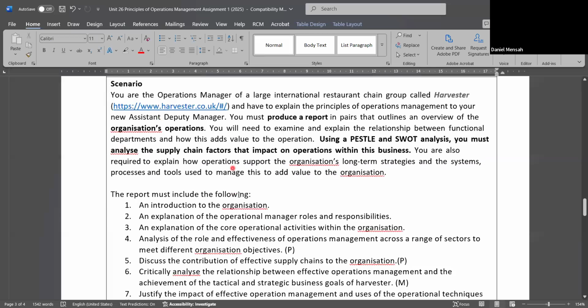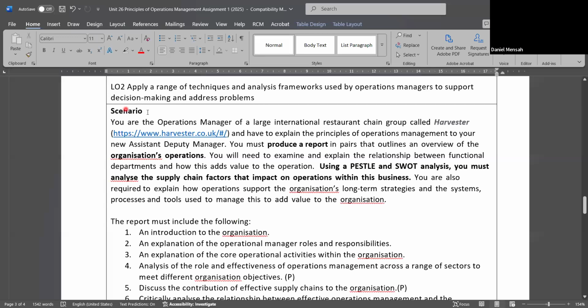In this, in your role as manager, you are asked to give guidance to your new deputy manager. You need to use a report that you're going to write and produce. In the report, you're going to outline an overview of the organization's operations.